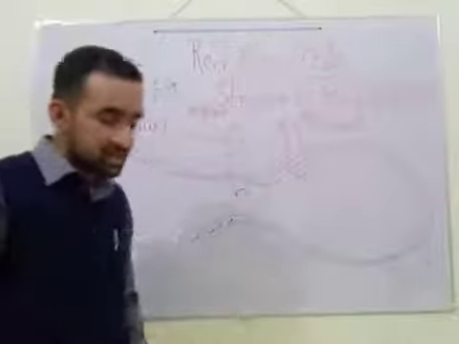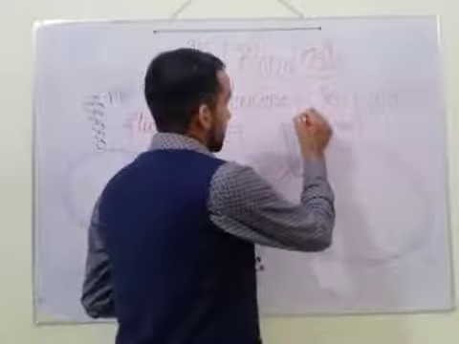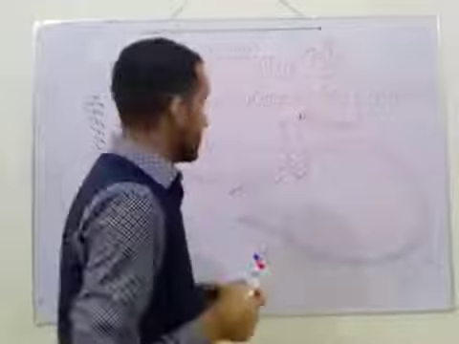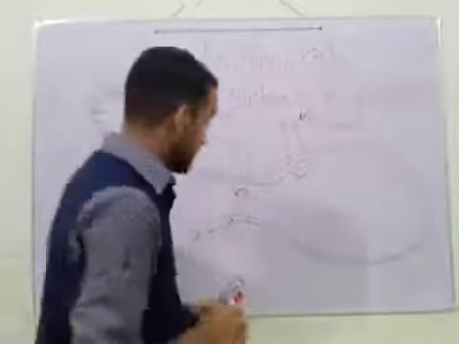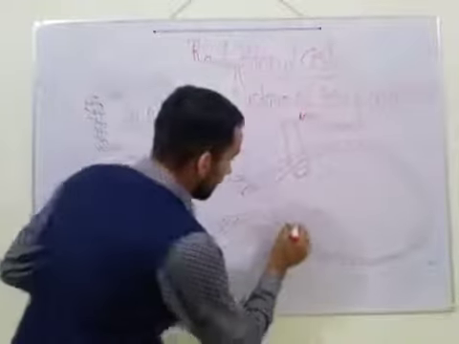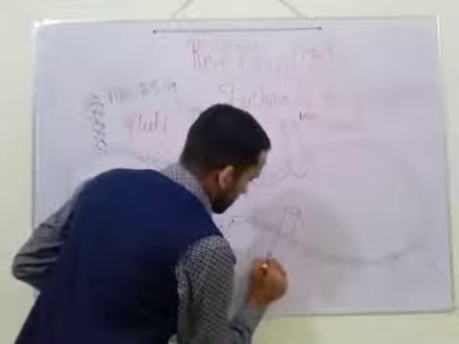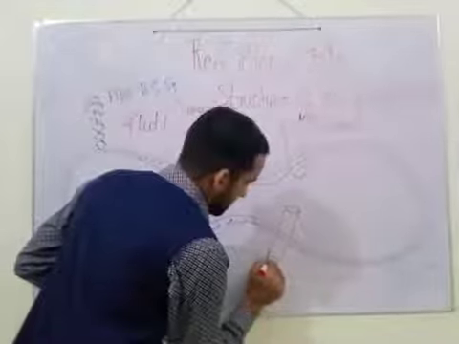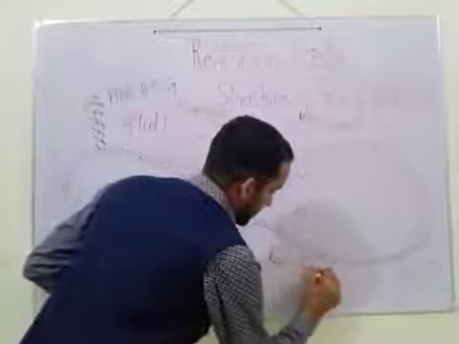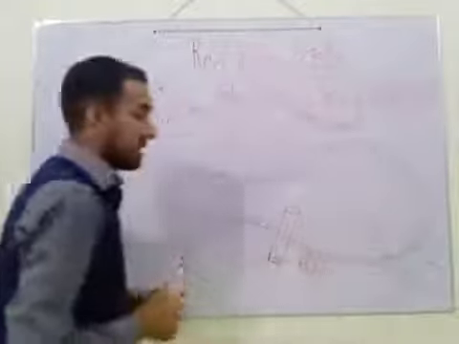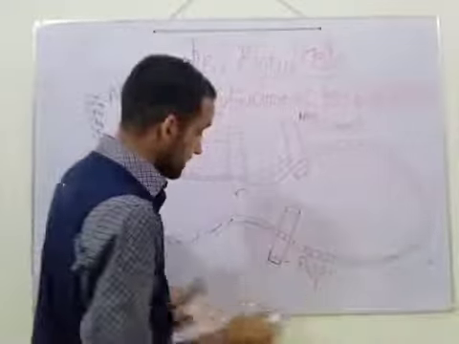And ion channels such as the ion channel for sodium and potassium, and also another channel such as RHAG. For example, I am drawing over here another channel, and this channel is called RHAG, meaning Rh associated glycoprotein.